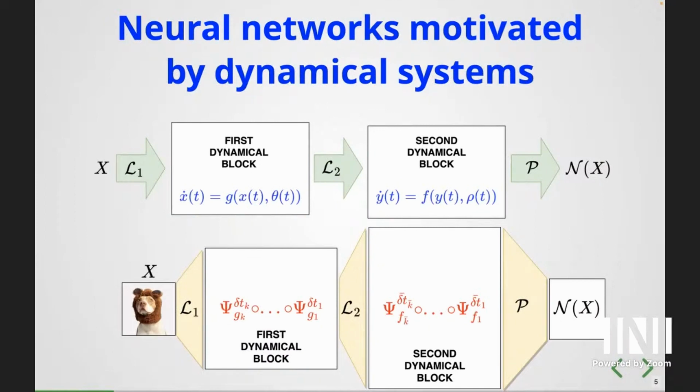This is why we thought to extend this by limiting the dynamical understanding to some blocks of layers that we call dynamical blocks. These are interleaved by linear lifting or projecting layers, which can also be convolutional layers. So it's just a linear mapping.